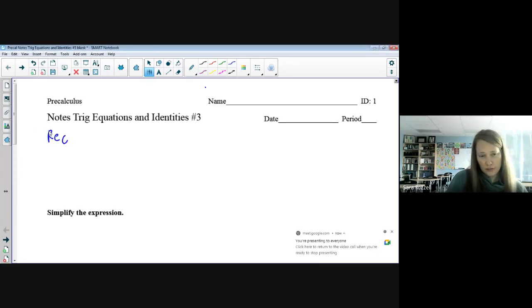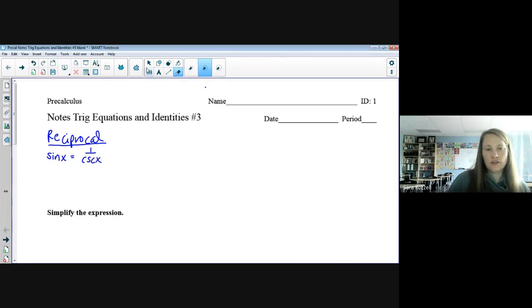So these are the reciprocal identities, the kind that we flip over. Remember when we talked about how all of our trig functions had a reciprocal partner? We're going to write those down. Sine's reciprocal was cosecant. If you want to go from sine to cosecant, we've got to flip it over.